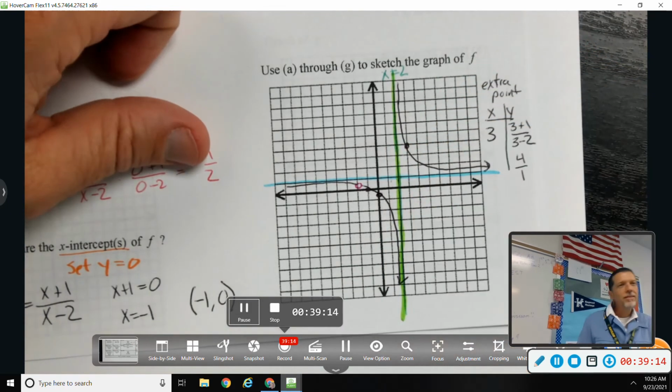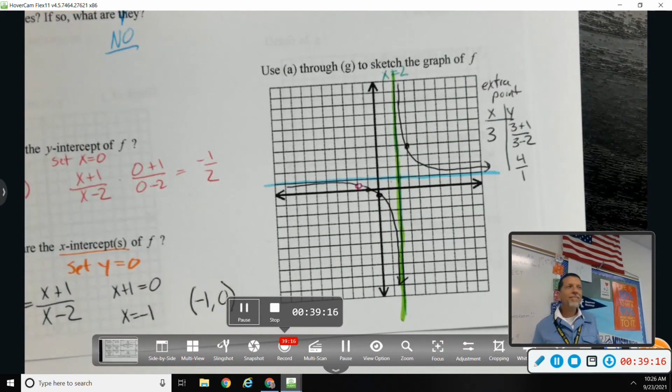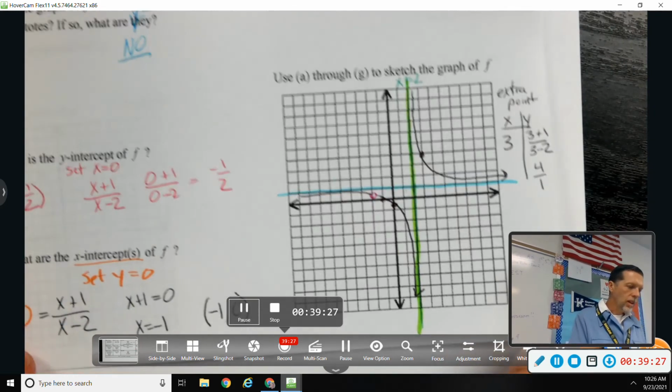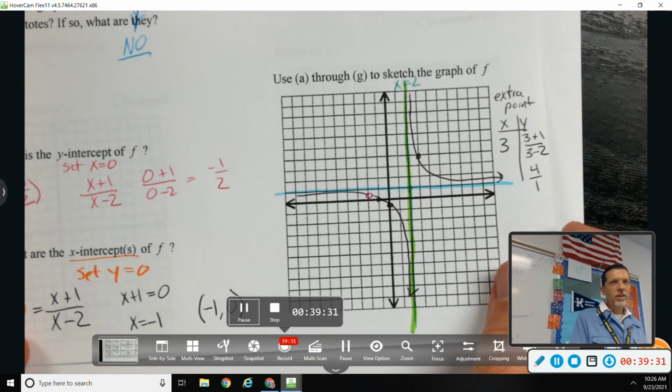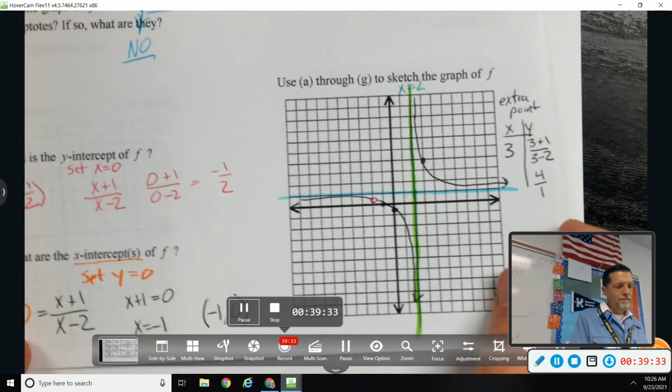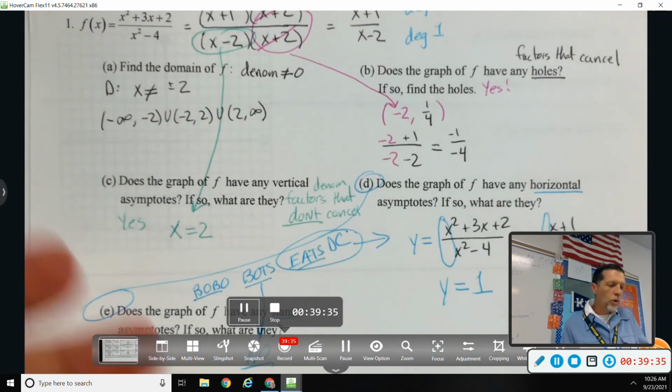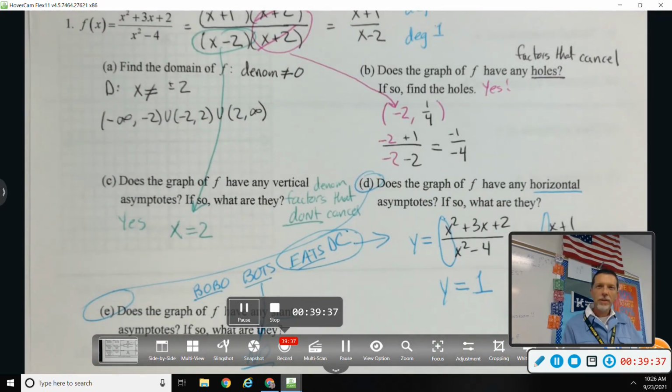So I have to have 1 point per branch. If you want more than 1 point per branch to make sure your graph looks right, you're welcome to it, but all I need is 1. Questions? Again, the questions will always look like this. We walk you through all the pieces, and then you put all the pieces on the graph.